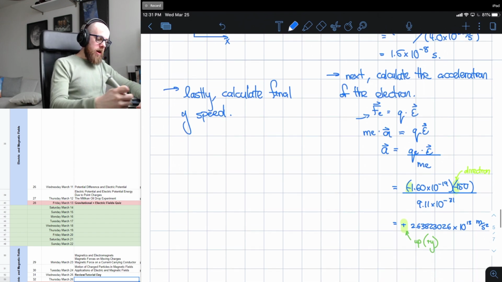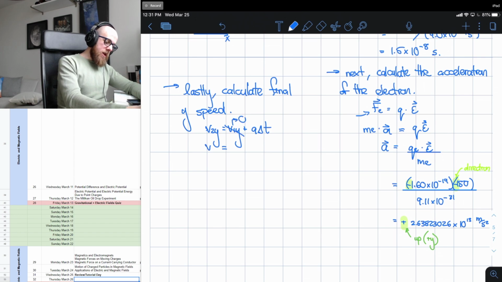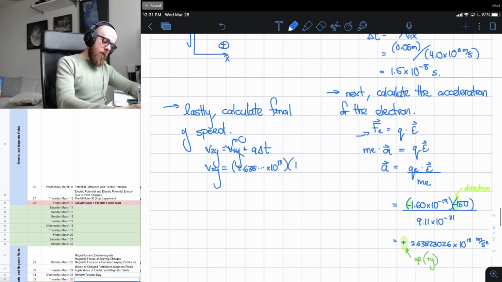Okay, so I'm going to use, again, one of my kinematics formulas. V2y is equal to V1y plus A delta t. I'm going to plug in all the things that I have. V1y is 0, so that's gone. So V2y is equal to A, which I just found, that's 2.638 times 10 to the 13, times my time, which is 1.5 times 10 to the negative 8.